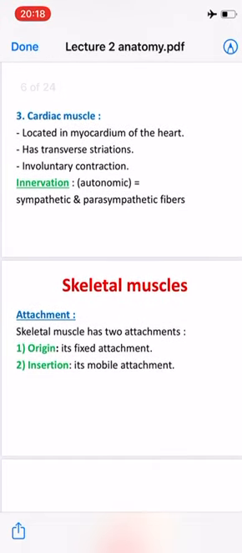Third, the cardiac muscles. Cardiac muscles are located in the myocardium of the heart, and it has transverse striation.